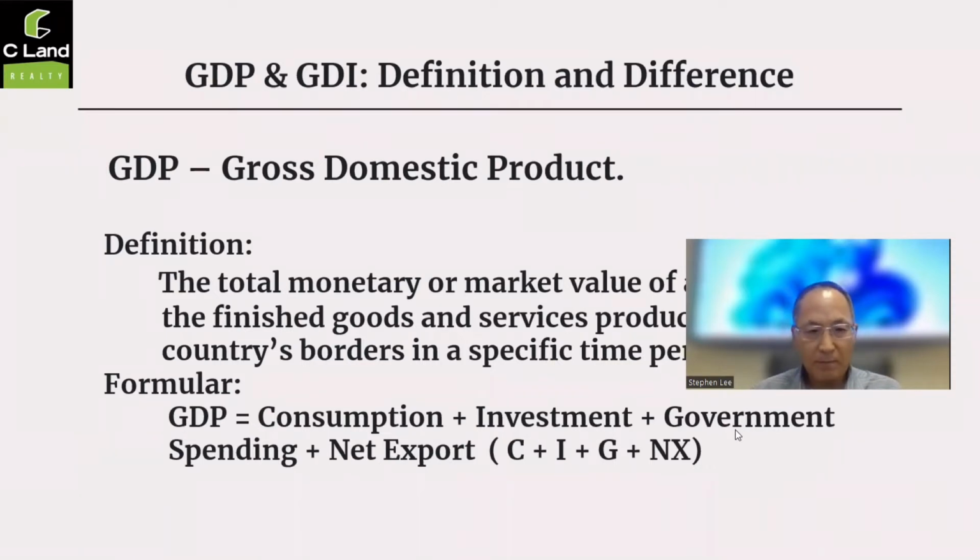Of course, US government is a huge company to spend money. So we will add that. And also we will add a net export. And net export means simply the amount of export minus amount of imports. So we'll see a little bit detail.